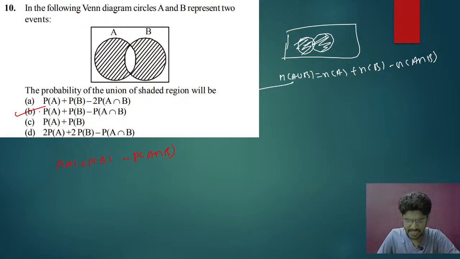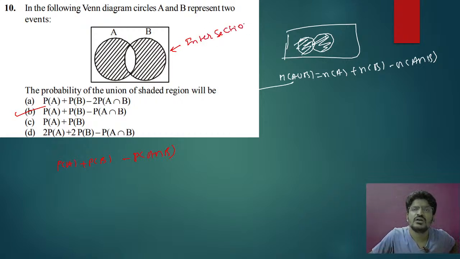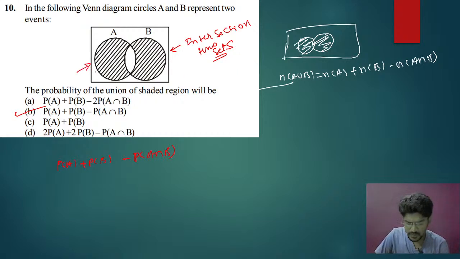Option B is correct. You can directly go to your sets. This is the Venn diagram of the intersection of two sets.